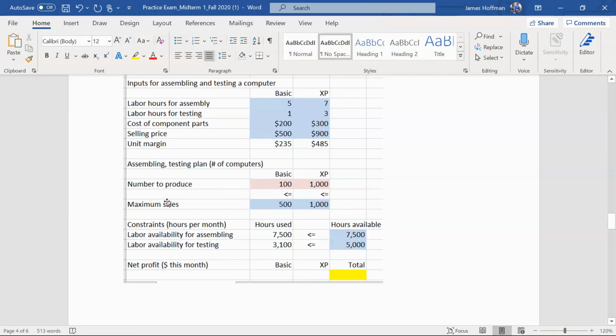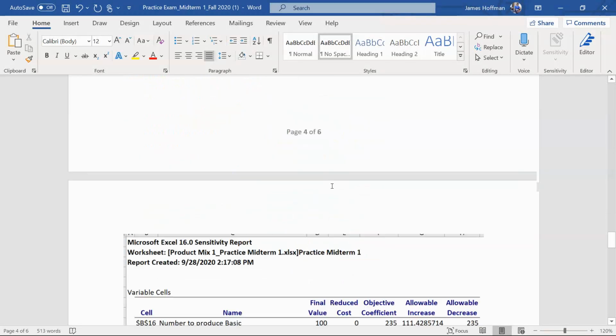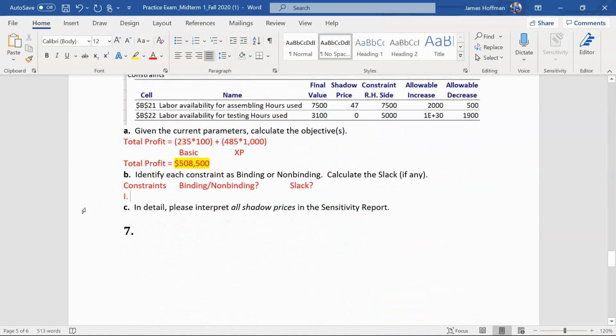So the number to produce is less than or equal to maximum sales for both types. We're going to list one for the basic and one for the XP.